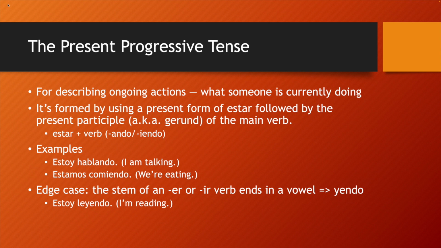However, there is an exception, and that is if the stem of an ER verb ends in a vowel. In that case, instead of iendo, it is yendo. This is to preserve the sound. For instance, estoy comiendo sounds like a y is in there, even though there isn't one. So for these verbs, it puts that y sound in there, in this case, by actually using the letter y. So I am reading is estoy leyendo.